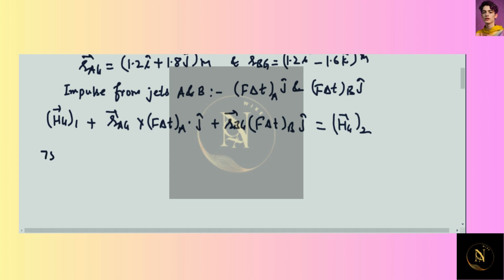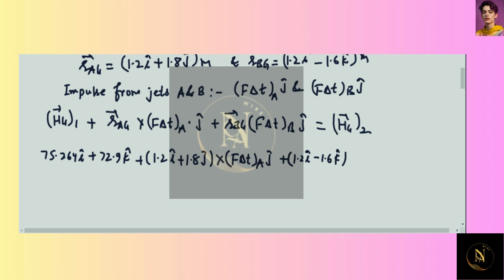So you may write 75.264 i cap plus 72.9 k cap plus rAG, which you have calculated as 1.2 i cap plus 1.8 j cap, cross F delta T A j cap, plus rBG, which is 1.2 i cap minus 1.6 k cap, cross F delta T B j cap, and finally its angular velocity becomes 0.